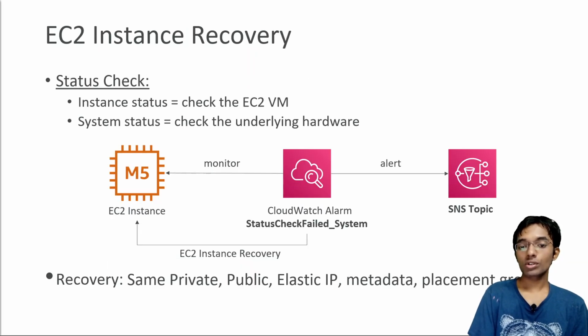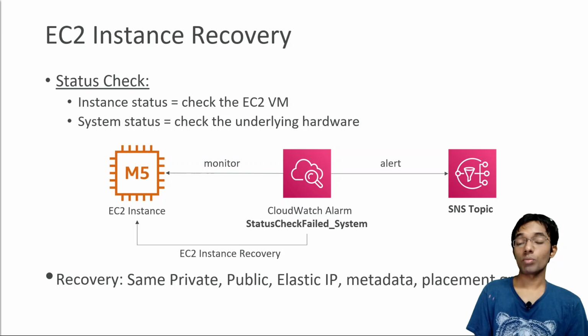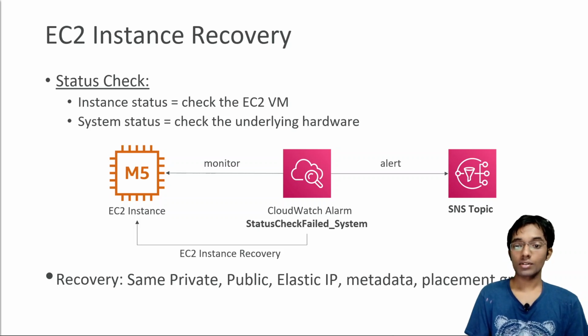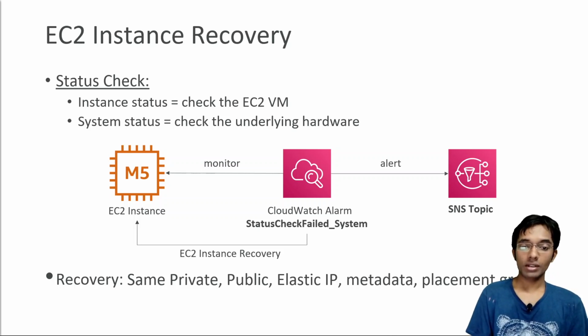Okay, now let's talk about EC2 instance recovery in detail, because it is something you must know. We have two status checks, as I said. The first one is the instance status, and then we have the system status. Something we may want to do is to recover an instance in case these status checks are failing.